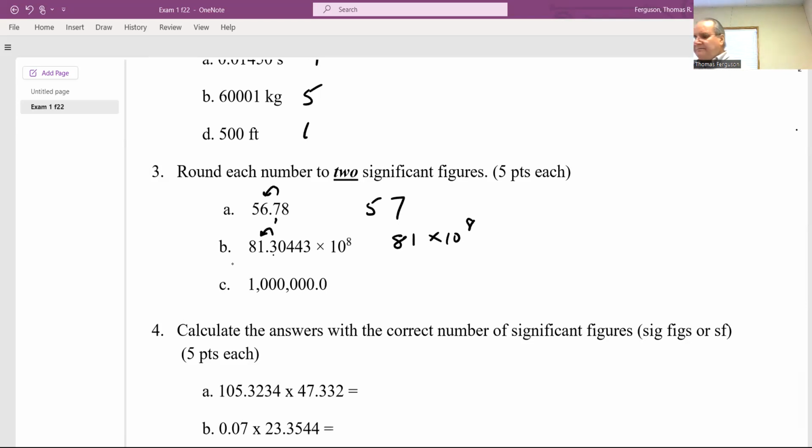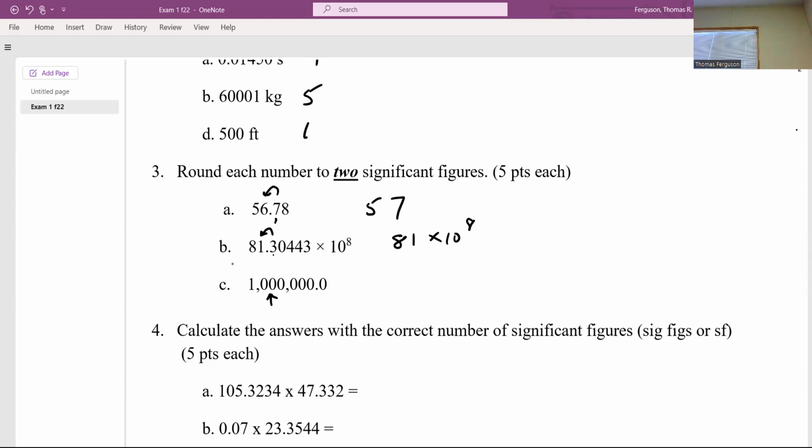Now this is a problem, this number here. How many sig figs does that number have? 8. And we're going down to 2. So we go to the third place. So how can we convert this number to 2 sig figs? Scientific notation, exactly.